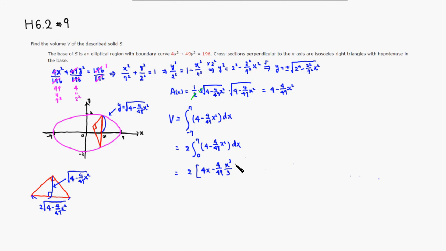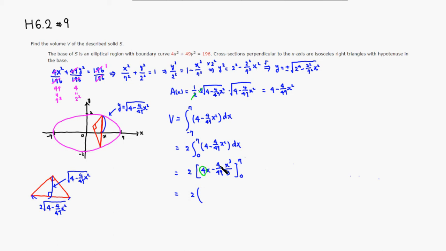Alright, so we have that, and then you're going from 0 to 7. So it's going to be 2 times, and actually I can pull out the 4.